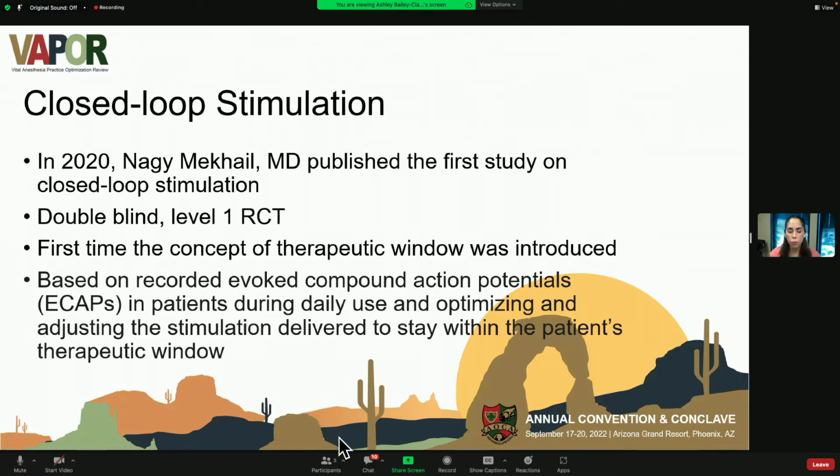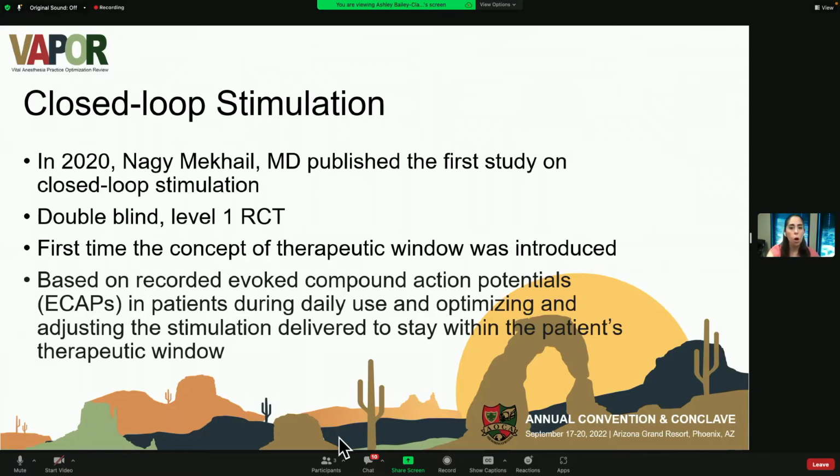When they read it, they determined the spinal response, or the way that stimulation was carried up the cord, and then modulated the next output so that we began to look at delivering our stimulation within this specific patient's therapeutic window. The first time this dose has been optimized, and they did show some superiority as well.